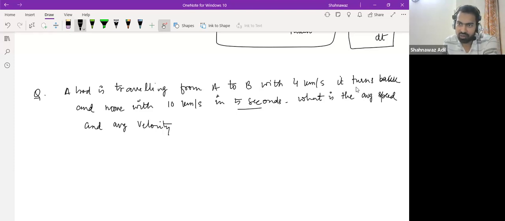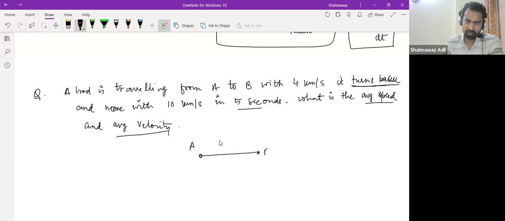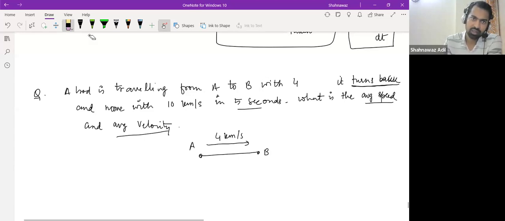Whenever the direction changes, you need to be careful about the average velocity and average speed. Whenever the direction is the same, then average speed and average velocity are the same. In this question you have points A and B, and first the body travels from A to B. Let's write the distance 4 kilometer, and this is 10 kilometer.